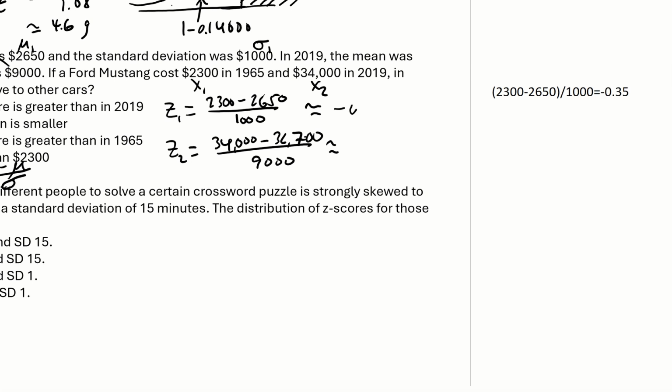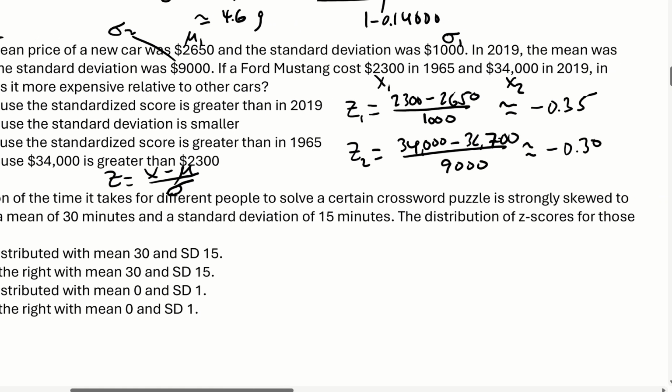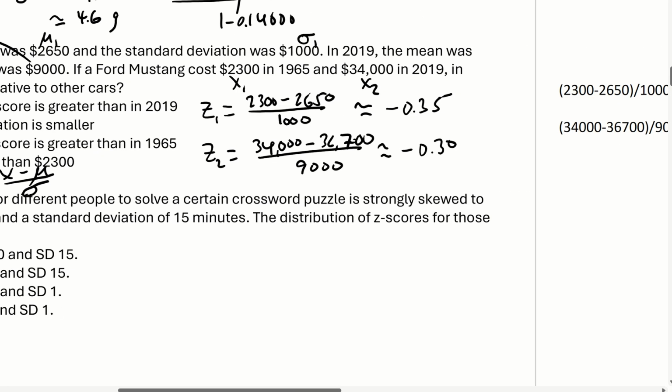Okay, so I got negative 0.35. Do this one here. Get negative 0.30. All right, so those are our two z-scores. And then we want to compare which one is more expensive.